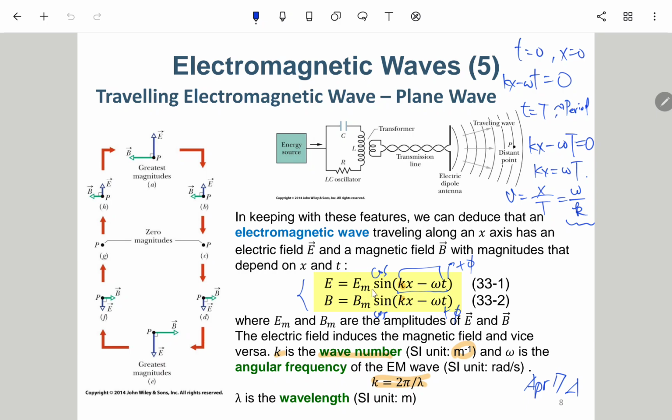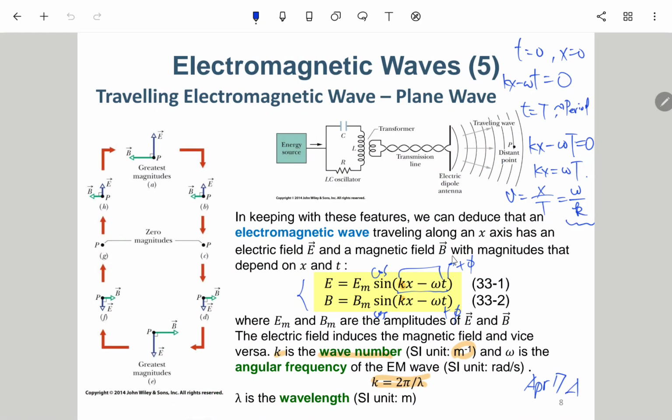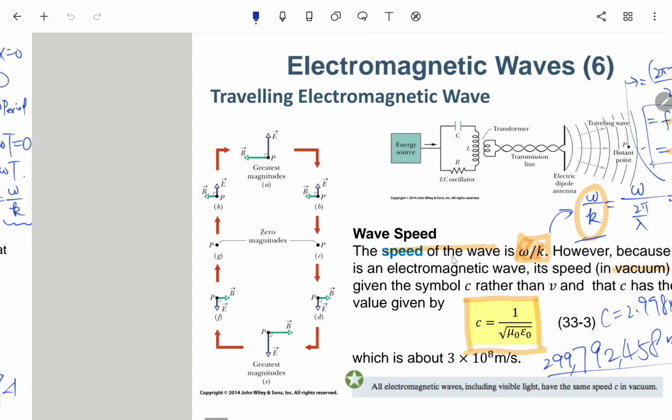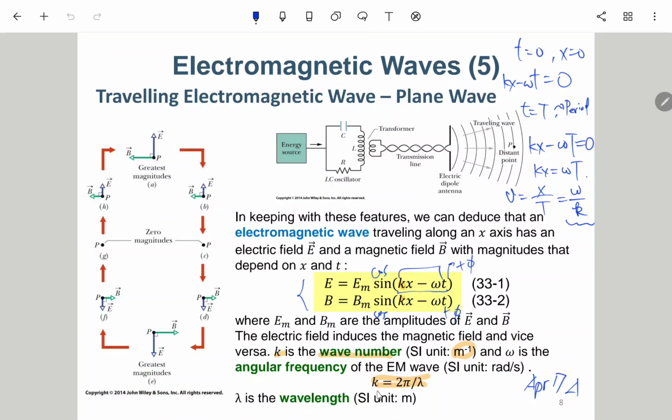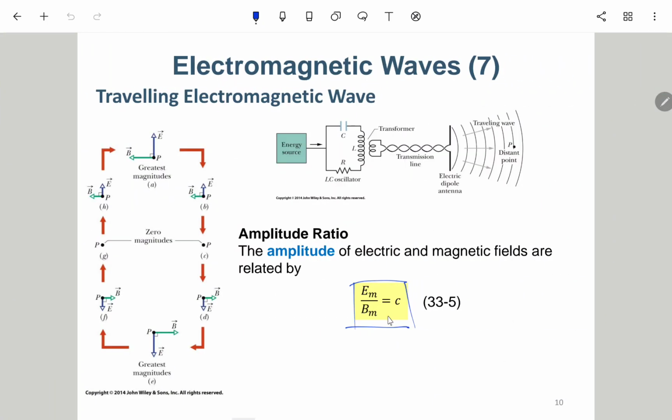The book writes sine of this term, but when I derive it I will write cosine of this term. As long as they are in phase, it does not matter. After deriving these two equations, we will also get k to be like that, and we will get c to be like this, and we will also get the ratio of EM over BM to be the fixed constant, the speed of light.